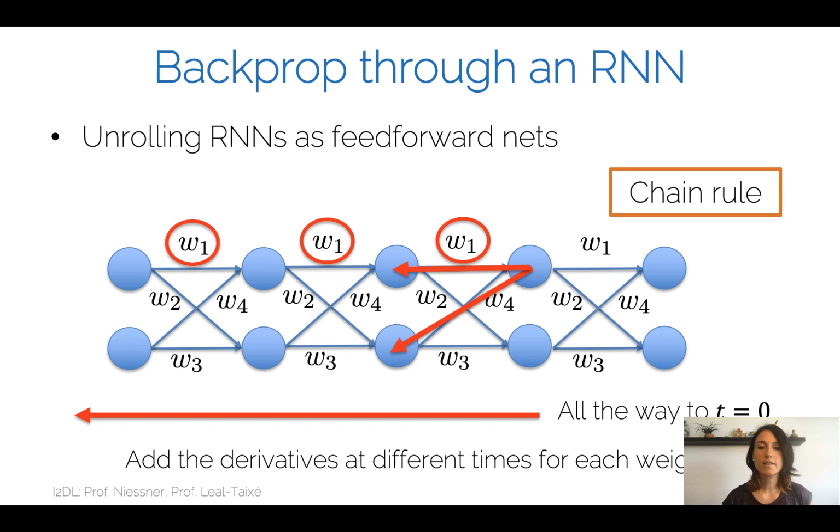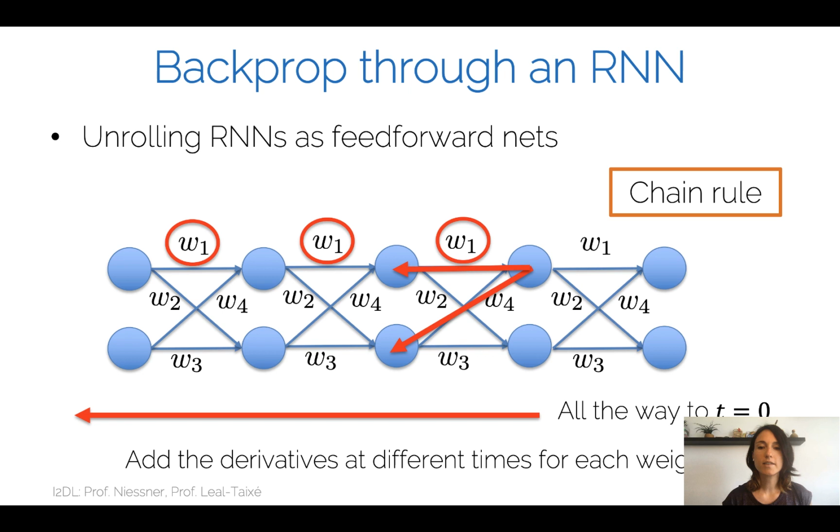So in order to compute the update for that particular weight, we're going to have to add the derivatives at different time steps for each of the weights. We're not going to go into more details into how to actually compute by hand backpropagation through an RNN, but we want you to get this intuition that a derivative is not so straightforward to compute as we had with feed-forward networks, because the weights appear in each of the time steps.